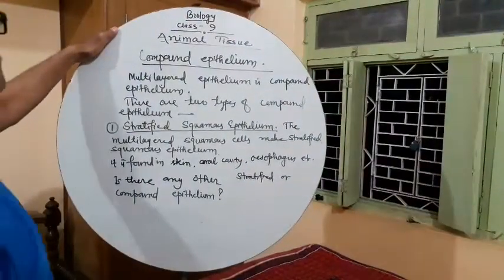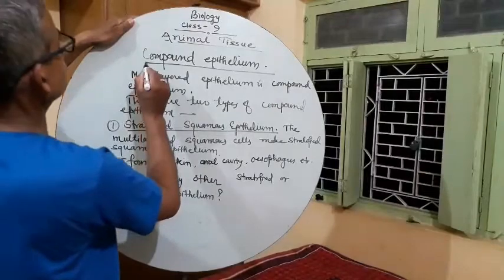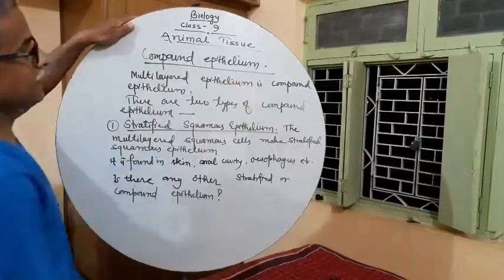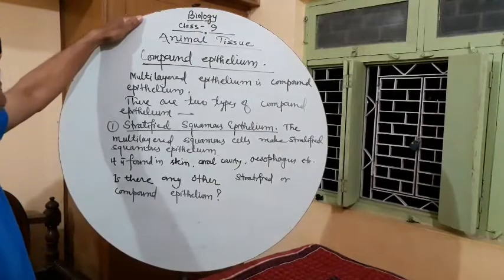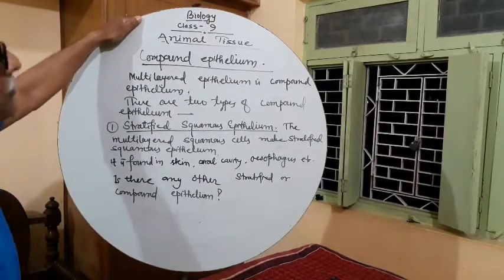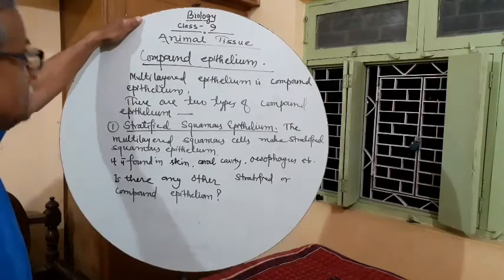The other type of epithelium is compound epithelium or stratified epithelium. In fact, the multi-layered epithelium is called compound epithelium or stratified epithelium.